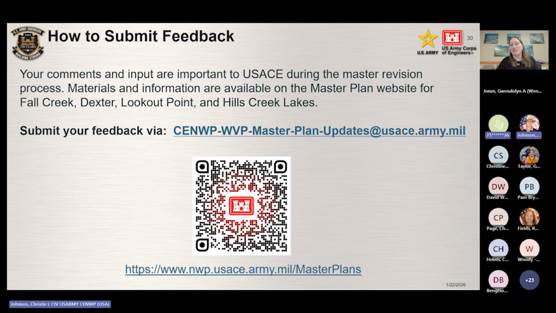I do see a comment in the chat also about a flash. Someone thinks there should be a flashing light at the intersection of Highway 58 and the covered bridge. Thank you for that. That's at Dexter at the Causeway. The Oregon Department of Transportation and the Union Pacific Railroad are both key stakeholders that we'll be coordinating with for this master plan revision.